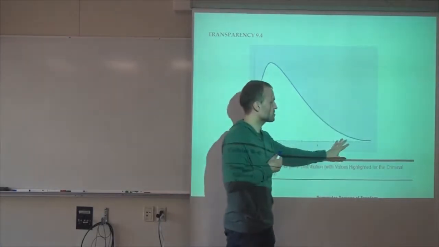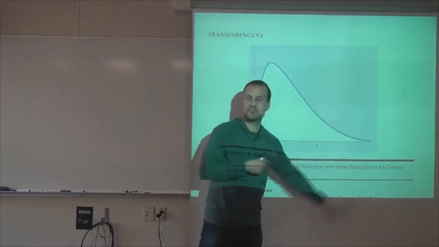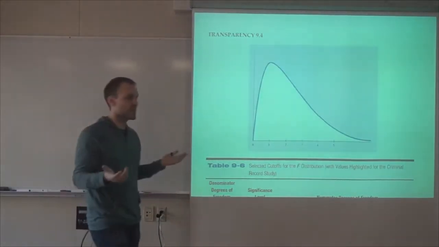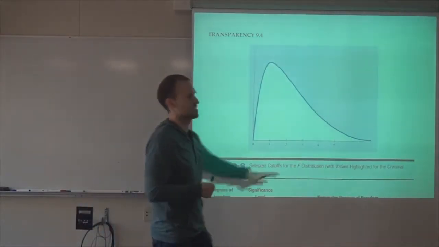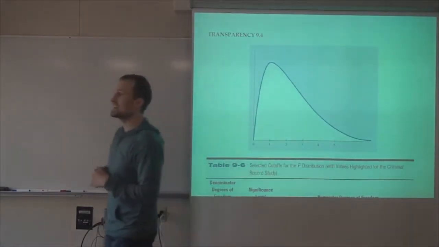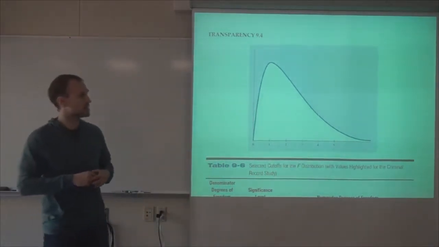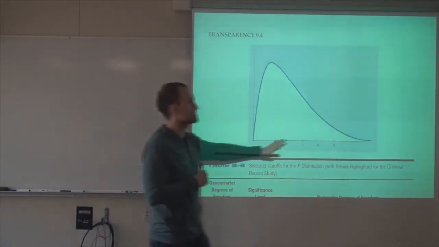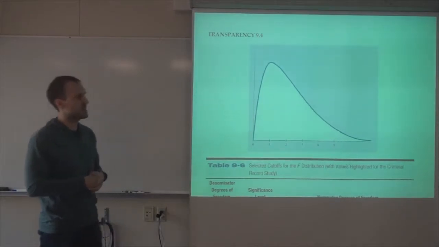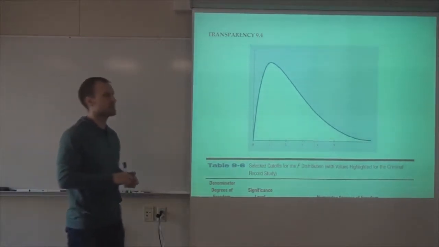But once I get out there towards 5, past 4 and 5, then it's not that likely anymore. So if everything was actually the same, my ratio is not going to be that big. If I calculate it as that big, according to whatever cutoff out there somewhere, then there's evidence to suggest that, look, this wasn't going to just happen by chance.